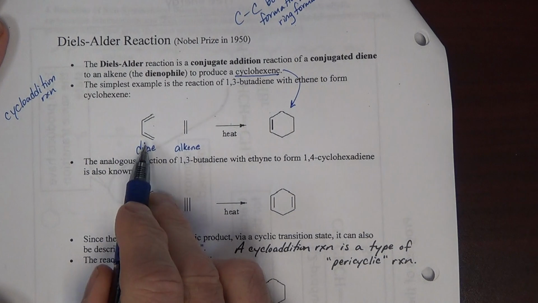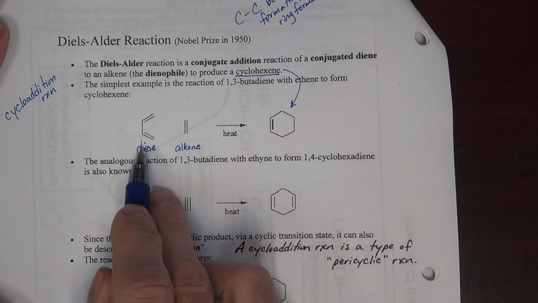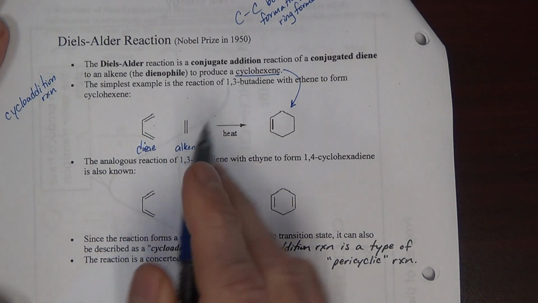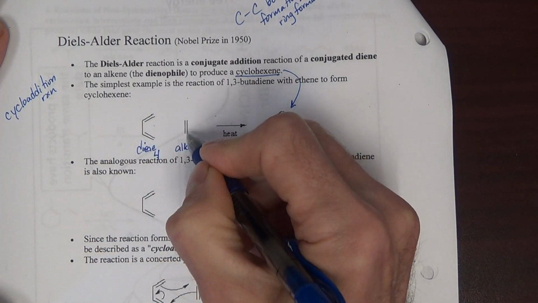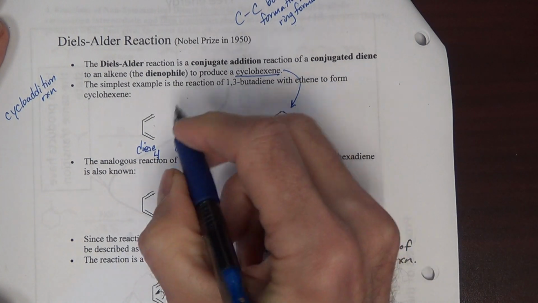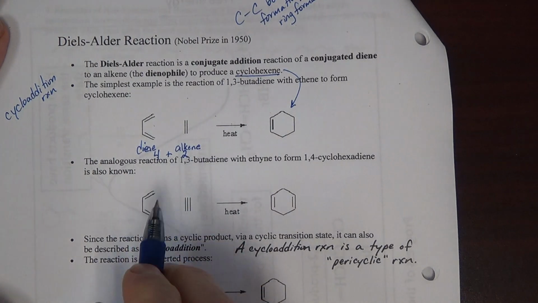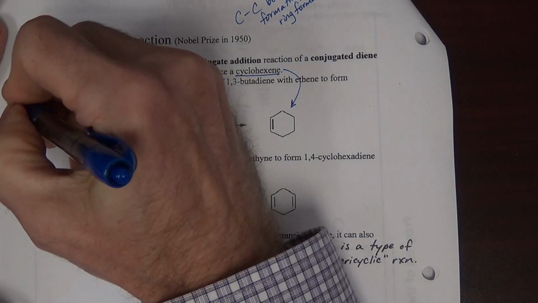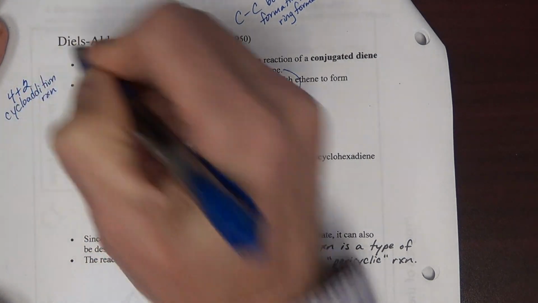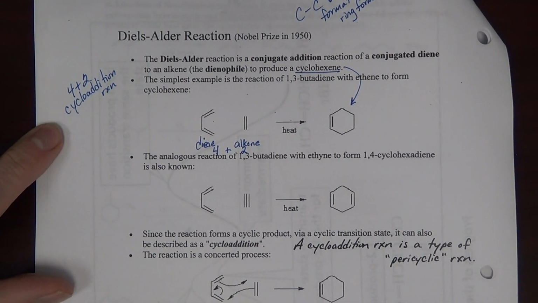This is the simplest Diels-Alder reaction. There are no substituents here at all. You have to have at least a 4-carbon diene, that's 4 carbons, and then at least a 2-carbon alkene, that's 2, so it's a 4 plus 2 if we just count the atoms. Sometimes this is called a 4 plus 2 cycloaddition reaction.